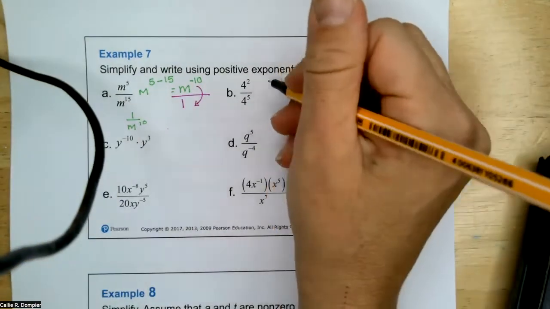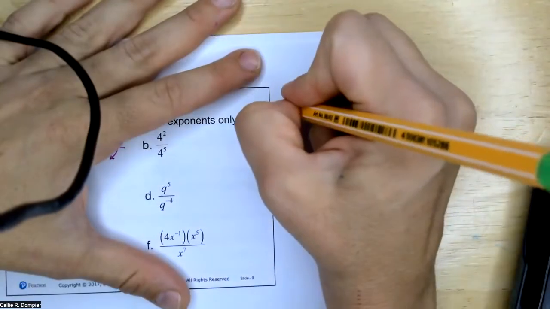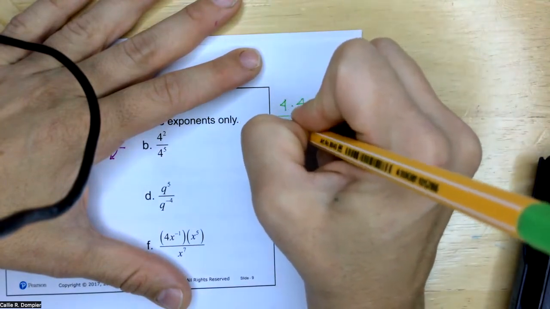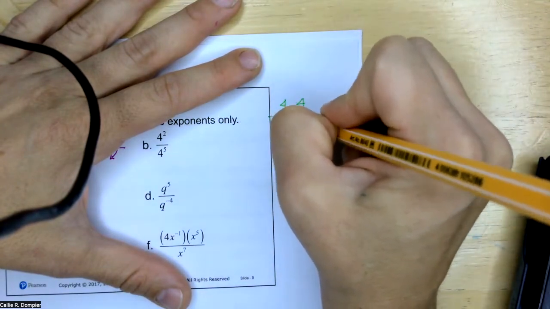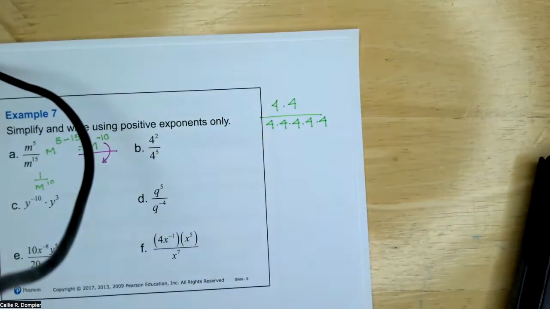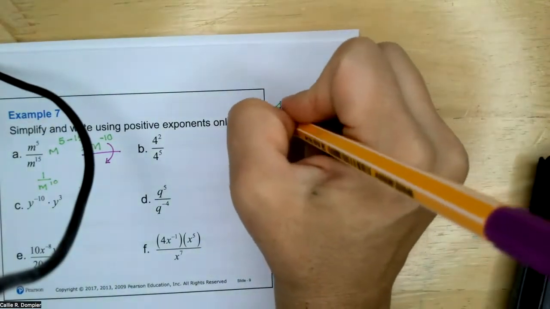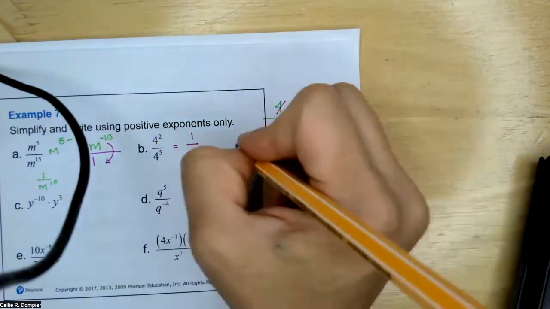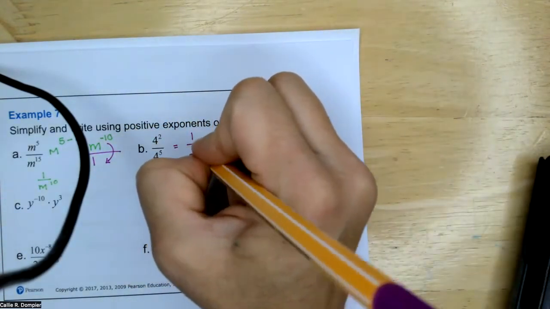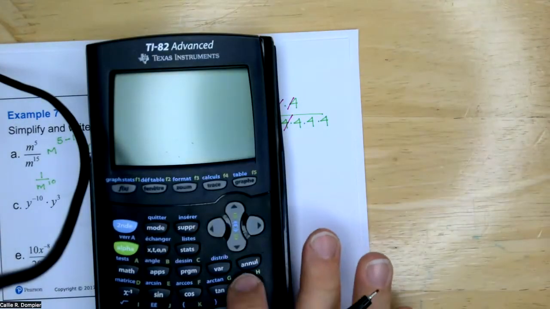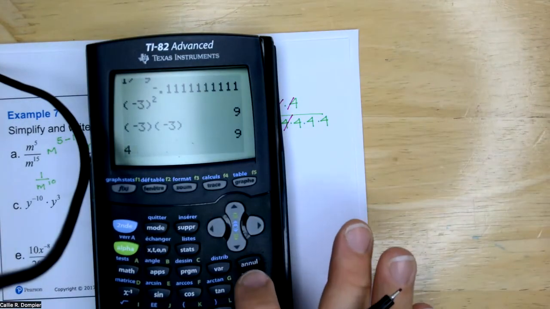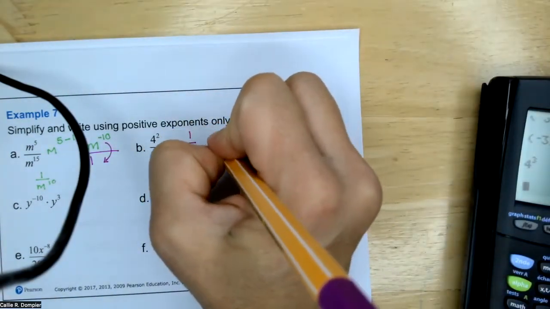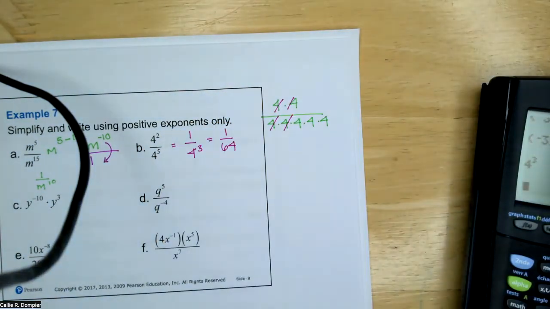So again, here we have 4 to the 2 over 4 to the 5. So that's 4 times 4 over 4 times 4 times 4 times 4 times 4, right? I can just cancel those. I can cancel out 2 from the bottom, and I get nothing on the top, so that's a 1, 4 to the 3rd on the bottom. 4 to the 3rd is 64. 1/64th, okay?